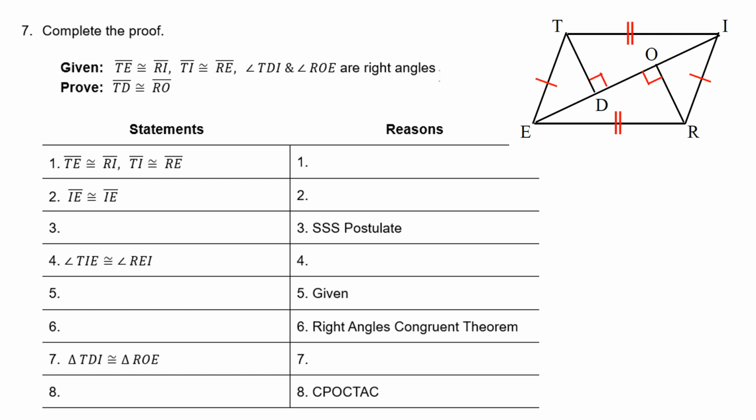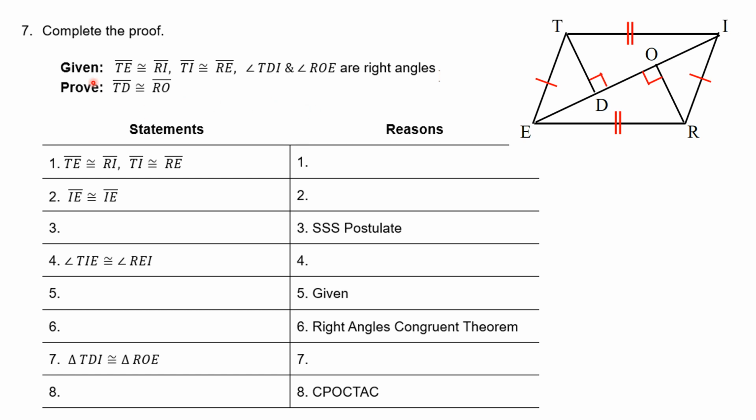This is our most challenging proof in this section. Take note of what sides and angles are marked as congruent, how those are matched up, and which pieces are corresponding to each other.